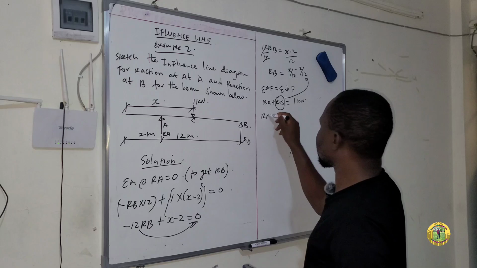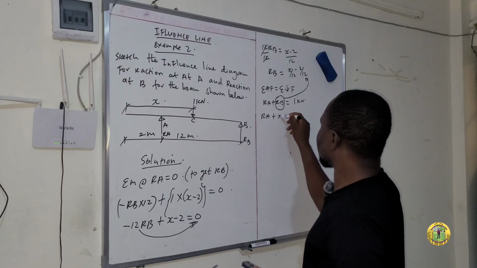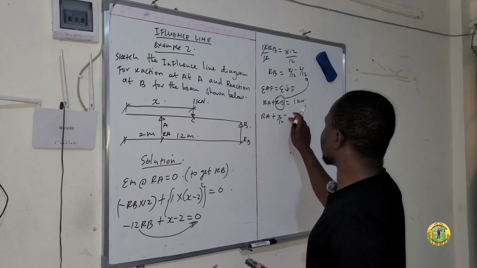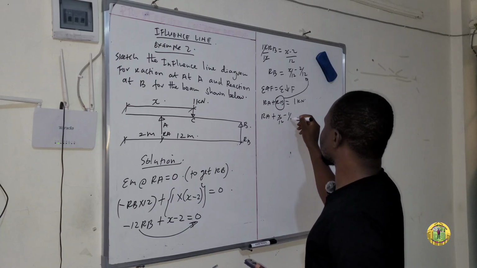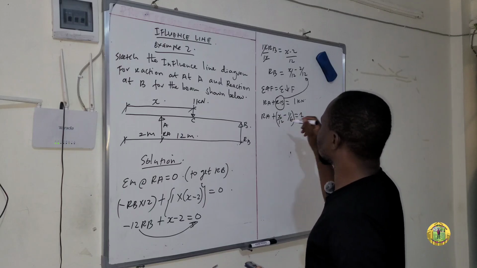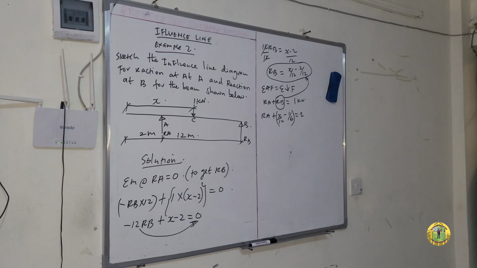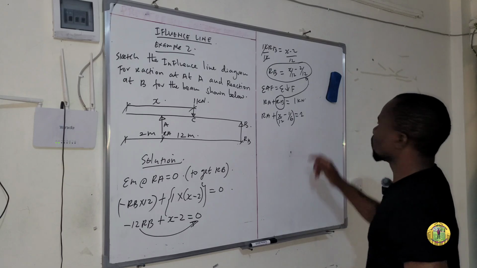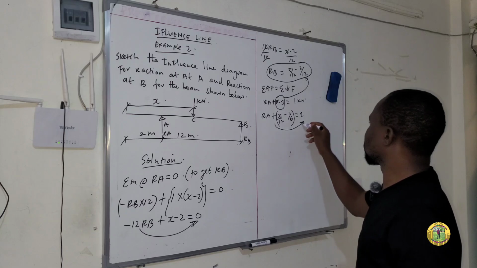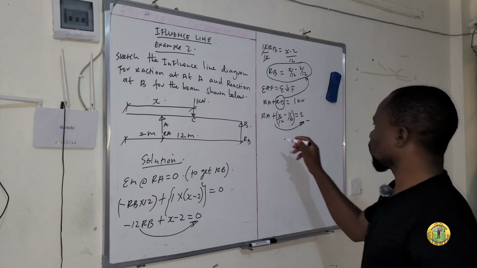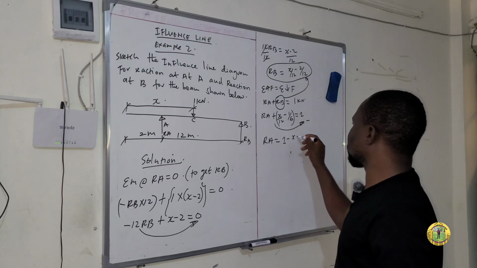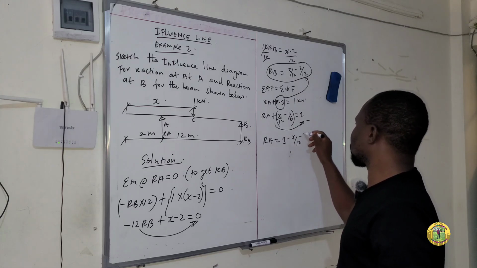So RA plus x over 12 minus 2 over 12, so 2 divided by 12 is 1 over 6, is equal to 1. If this crosses to the other side, it will change sign from positive to negative. So RA is equal to 1 minus (x over 12 minus 1 over 6).